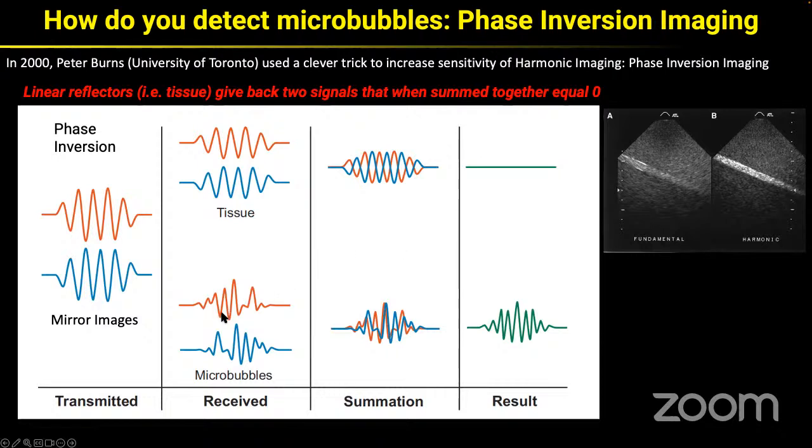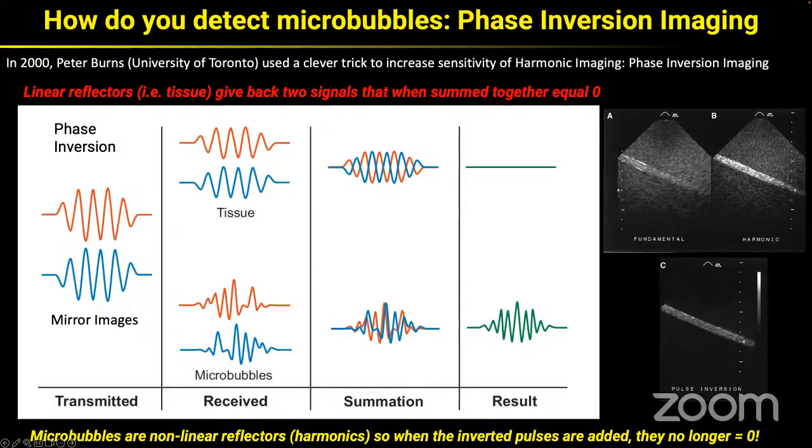And so the two inverted pulses actually give back different signals that when we sum them together, we can actually see the signal. And that's great because this allows us now, if we take a look at our little pictures here of our B mode, and this is our harmonic imaging, if we take a look at this pulse inversion imaging, now we can drop out all the background, which is fantastic, and we can just see where the contrast is.